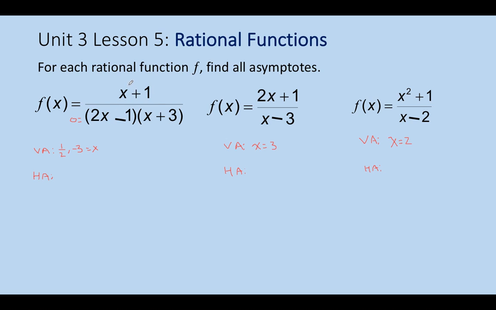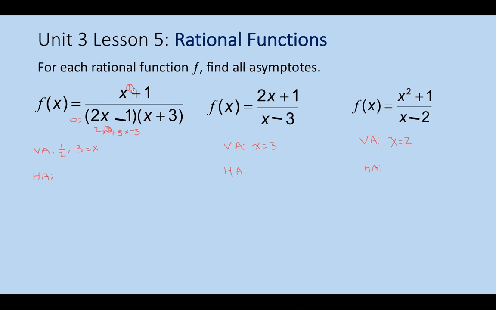So here's the thing. My degree in the numerator is 1. And down here, if I expand this out, I'm going to wind up with 2x squared plus 5x minus 3. Okay, regardless, what I'm looking at here is the degree.